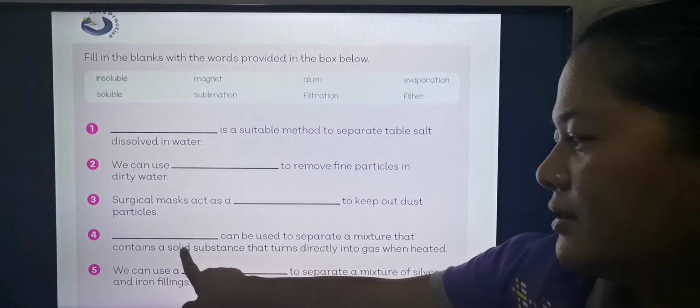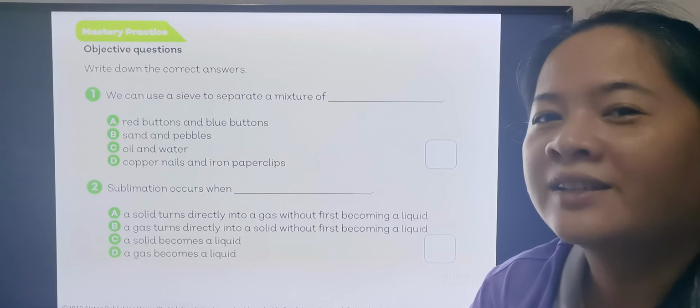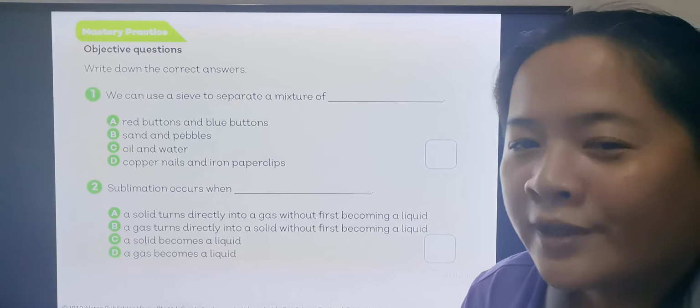Go to your workbook, page 14. This is a review. It's going to be long, but if you listen and study, then tomorrow the test will be easy for you. Let's answer all together these objective questions. Number 1, we can use a sieve to separate a mixture of.